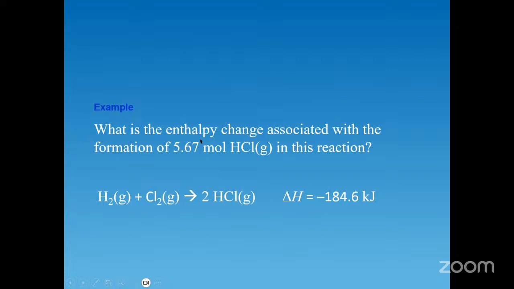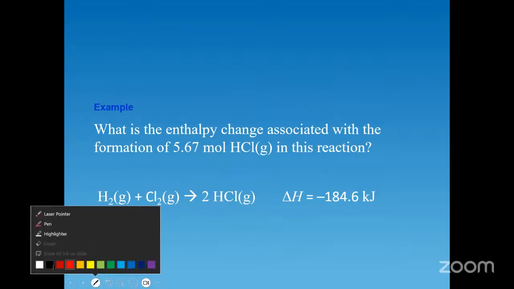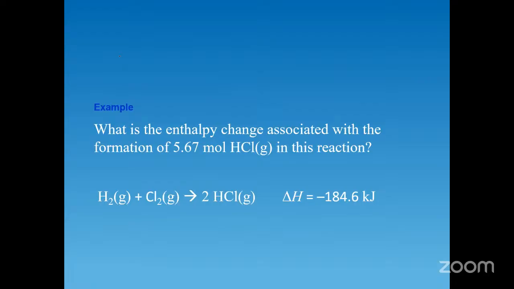This question is asking, what is the enthalpy change associated with the formation of 5.67 moles of HCl in this reaction? It gives you the equation and the delta H value. The way I would do this is start with the 5.67 moles of HCl and multiply by a conversion factor relating the enthalpy change to the moles of HCl: 2 moles of HCl below as the denominator and minus 184.6 kilojoules above as the numerator.